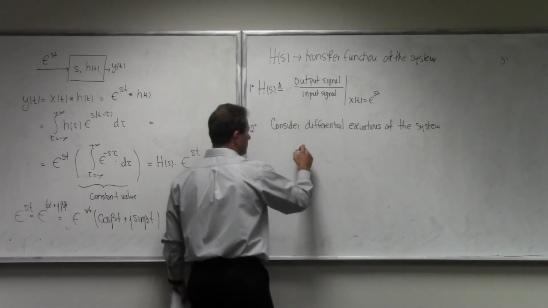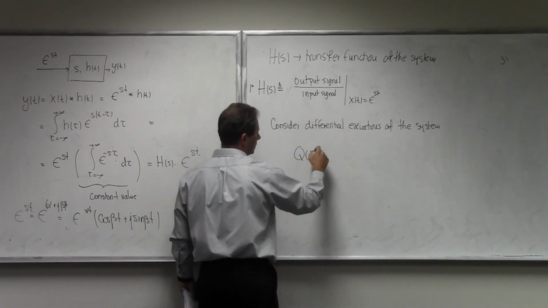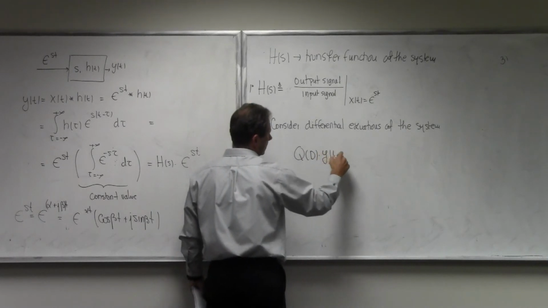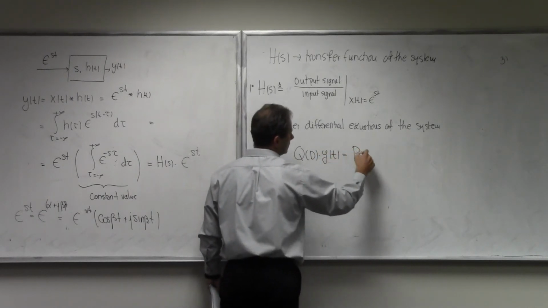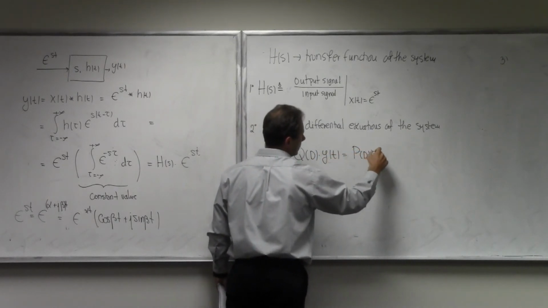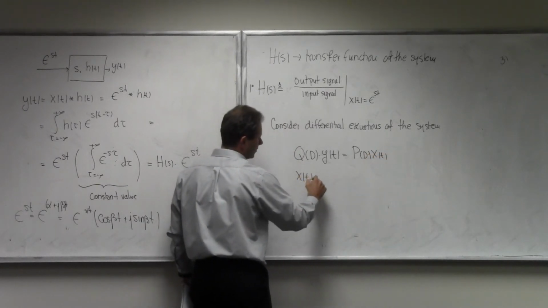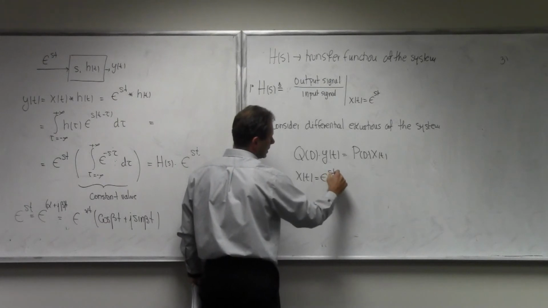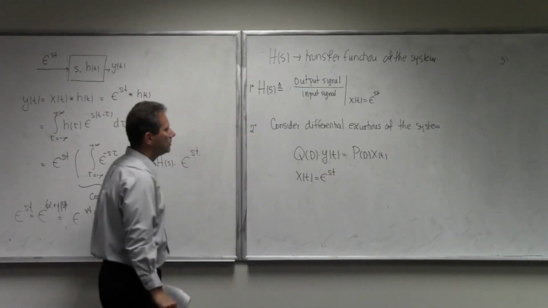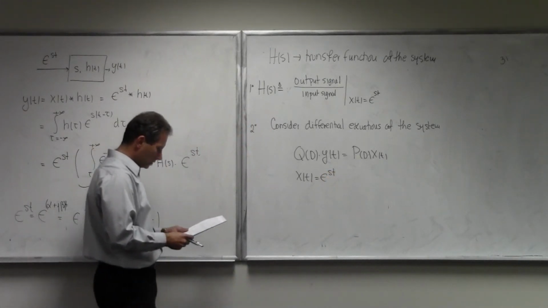We start by saying Q of D applied to y of t is P of D applied to x of t. Now we're making x of t special, and we can say x of t is e to the st. So let's see what happens when I substitute it.